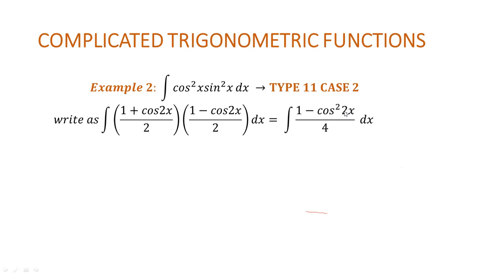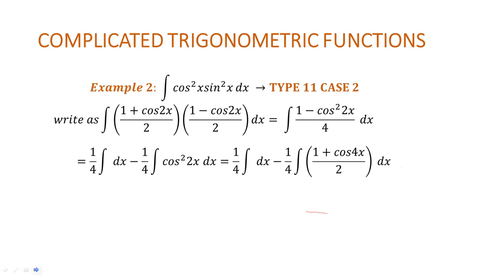If you look very closely, class, if we distribute the 4 on the two terms in the numerator, the first integral has no problem, but the second one has, because this is cosine squared of 2x, wherein your cosine has an even exponent. So there's a need for you to convert it to the double angle cosine, which is this.